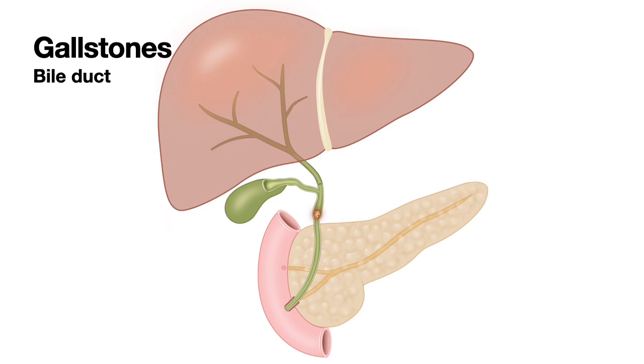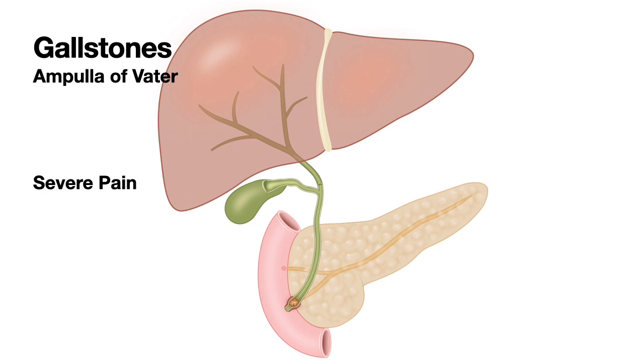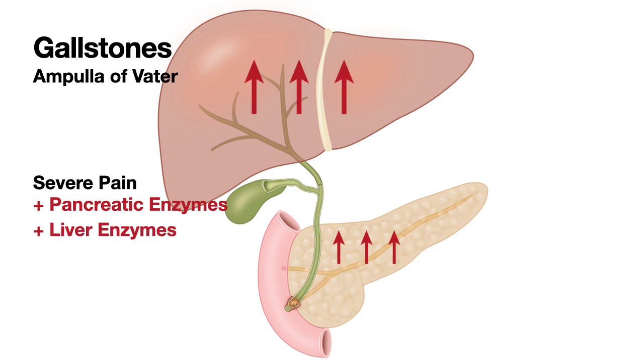When the stone from the bile duct drops down and gets stuck at the ampulla of Vater, then patients may develop severe pain, and because the pancreatic juice is also blocked at the ampulla of Vater, the serum amylase and lipase will be elevated, and because of the blockage of the bile duct, the liver enzymes will be elevated, and if you do an ultrasound, the intrahepatic ducts are dilated.